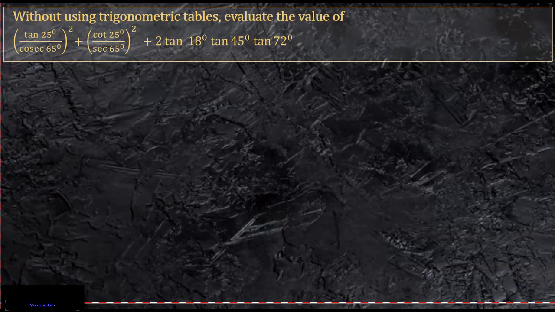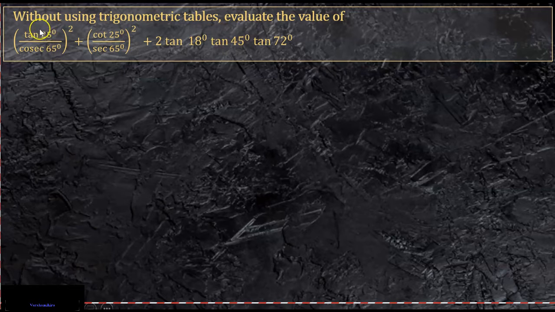Here you can see multiple different angles: tan 25, the lower part is 65, here again 25, 65, 18, 45, 72. Tan 45 we know has a value, equal to 1.